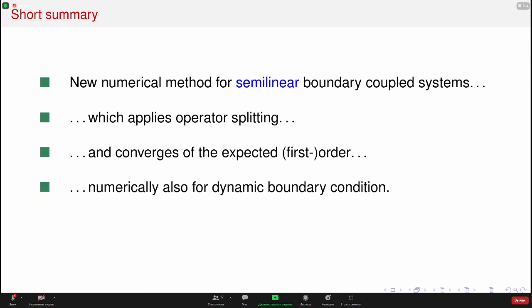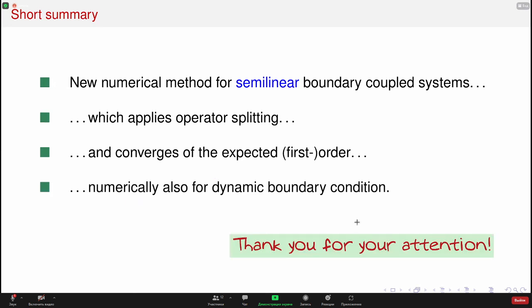So we don't have any order reductions. We also couldn't see it during the numerical tests. So everything works fine. And we could also show, at least numerically, that it works for so-called dynamic boundary conditions, which is a non-Lipschitz case. So this is the end of my talk, and I thank you very much for your attention.